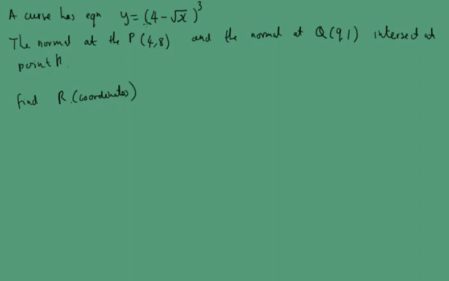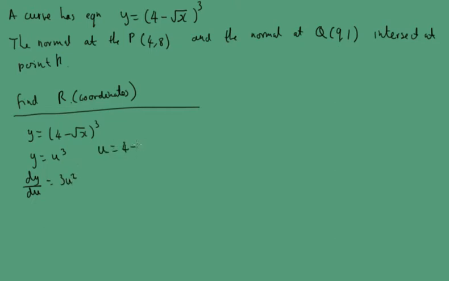So the first thing to do is differentiate y. So dy by dx. Well, we're going to use the chain rule here. Let's just rewrite y here. So y equals u cubed, dy by du equals 3u squared, and u equals 4 minus x to the half.